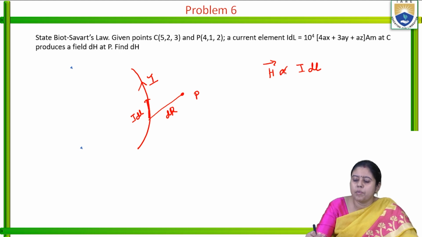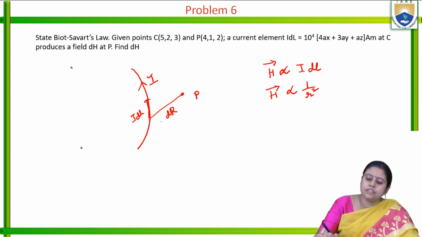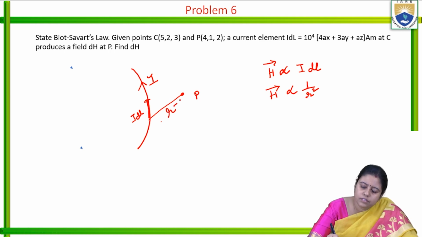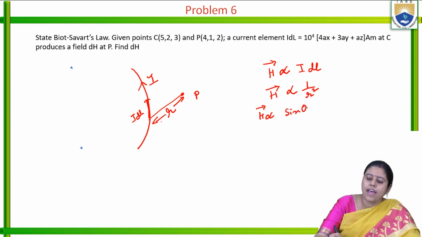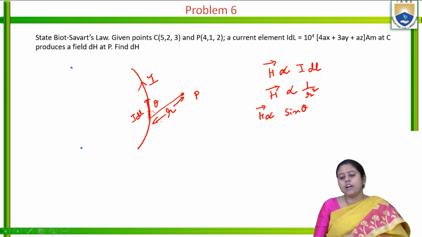Then H is directly proportional to I dl. H at the point P, the magnetic field intensity, is directly proportional to 1 by r square, where this is the r, and H is directly proportional to sine theta, the angle between the line to point P and the current carrying conductor.